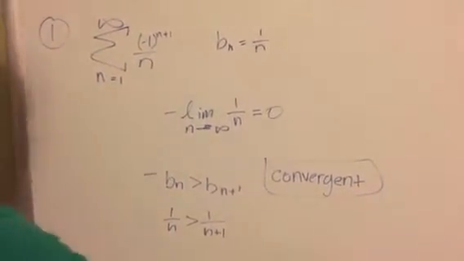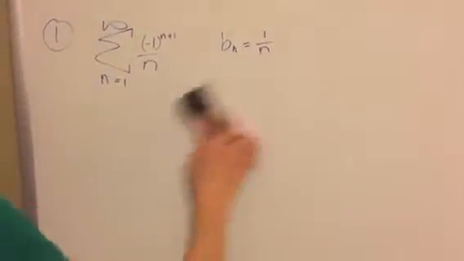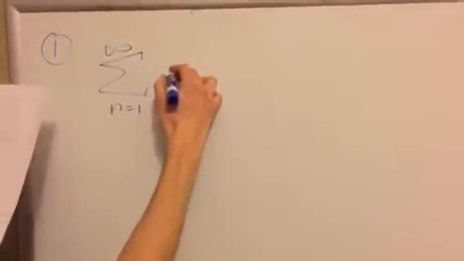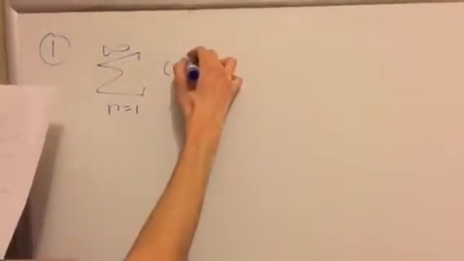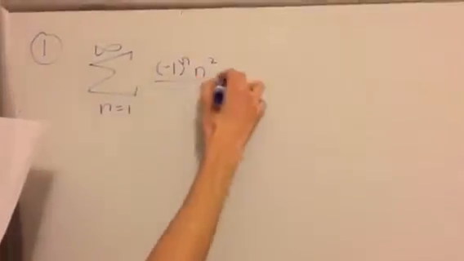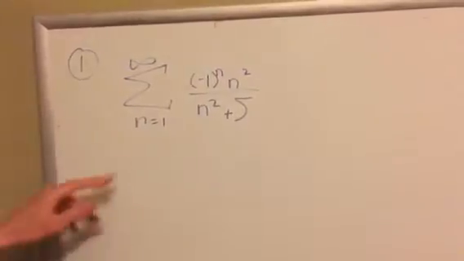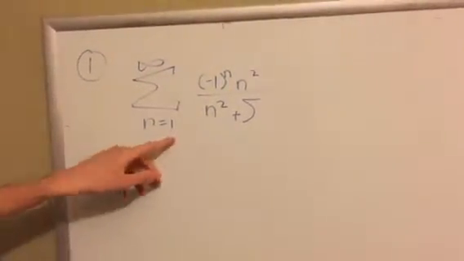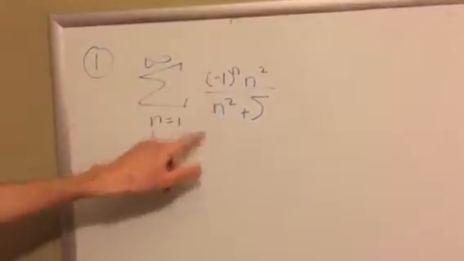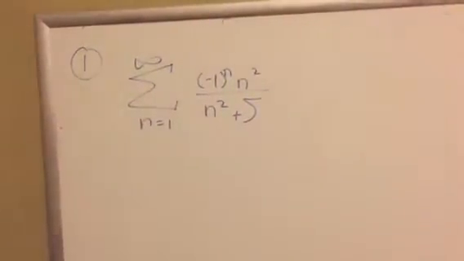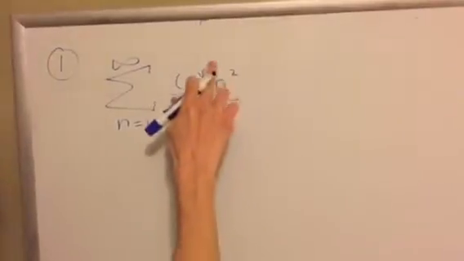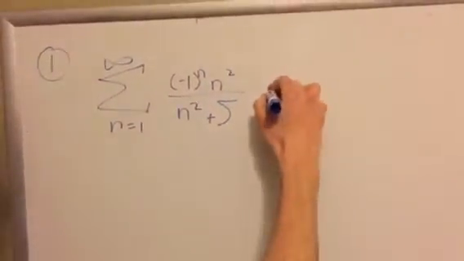And now to the second example. Okay, so this is our series, the sum from 1 to infinity of this function, which our b sub n would just be the term without the negative 1 raised to the n.